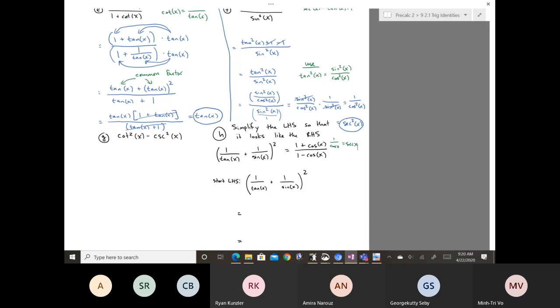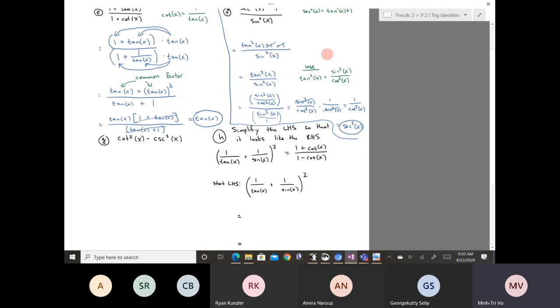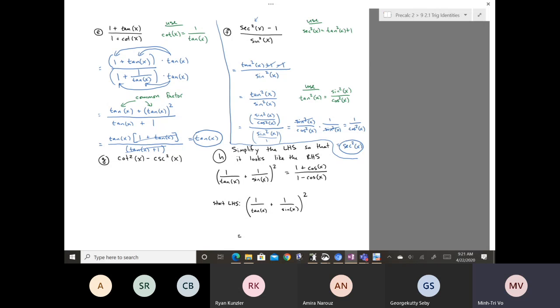So let me not confuse it with the other one. Okay, so that's example F. And so basically, I mean, you might have to just continue looking for different identities until you can't simplify the expression any further.